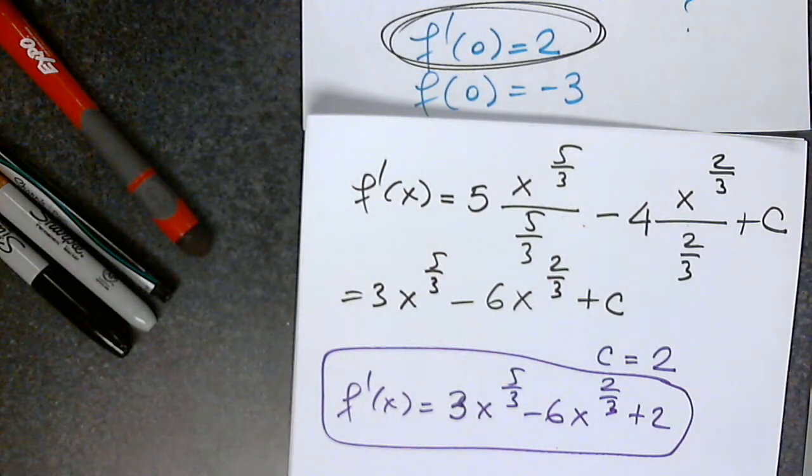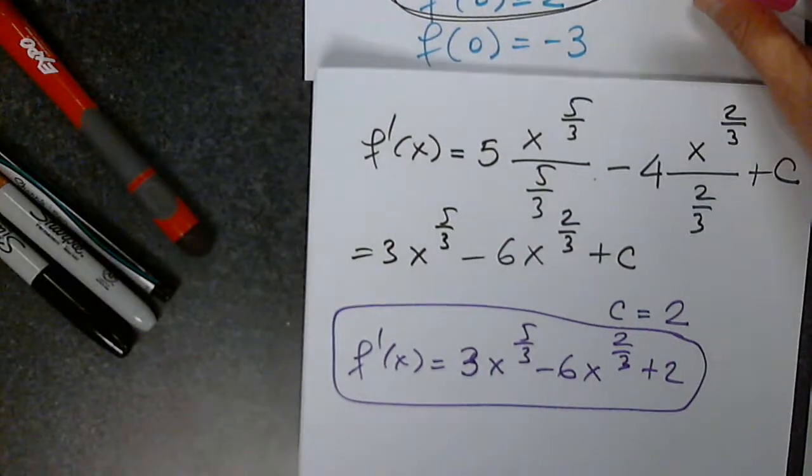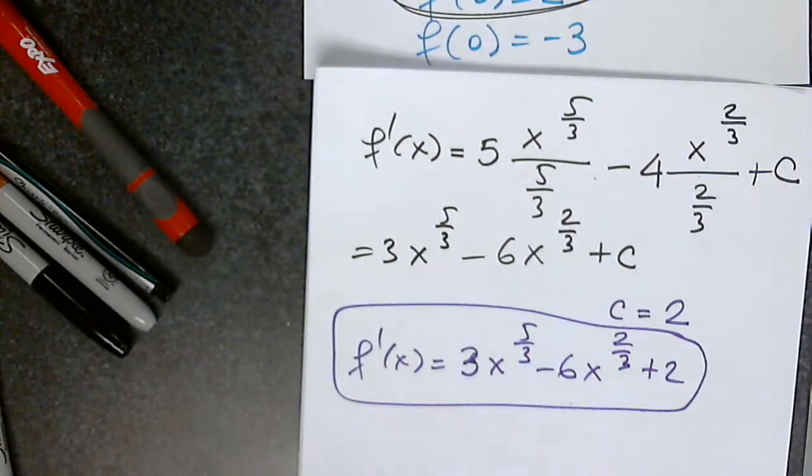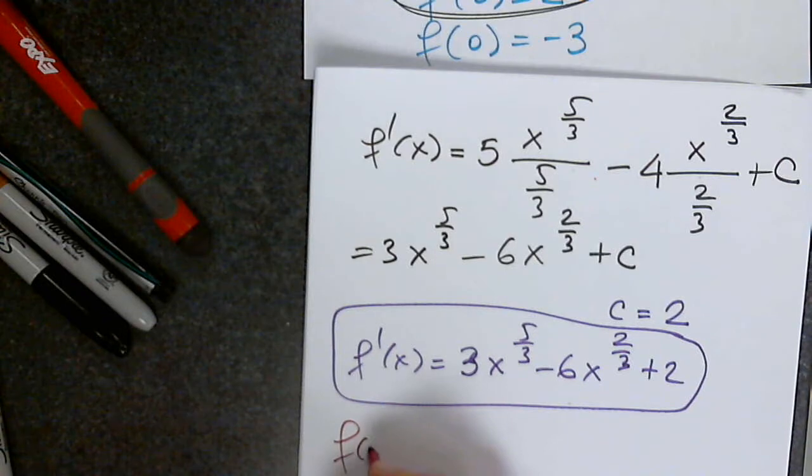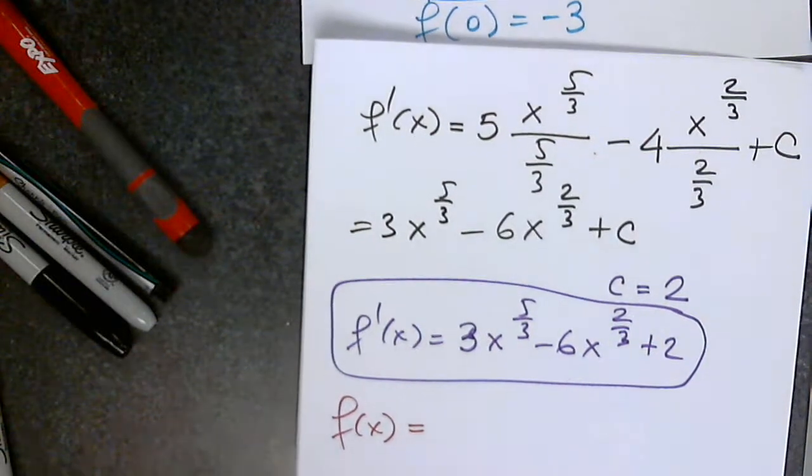We are getting closer, but we're not done, right? We only found the first derivative. What should I do next to find the function? Exact same thing.